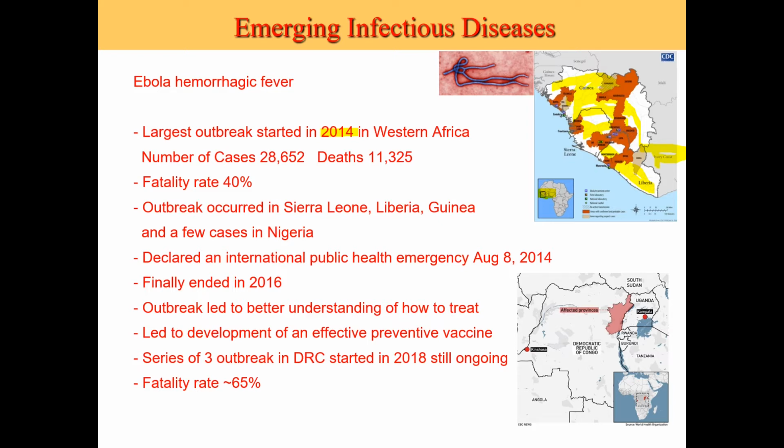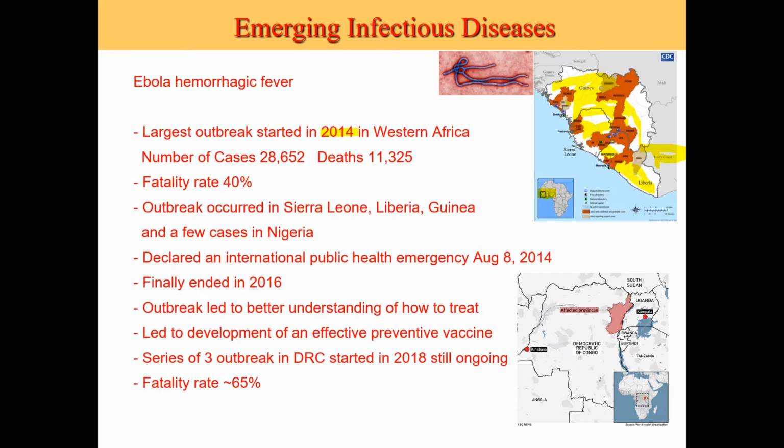So there was this large outbreak, the largest outbreak that has ever occurred, and they had a total of 28,000 cases and roughly 11,000 deaths, a fatality rate of approximately 40%, which sounds strange, but is a raging success actually, because normally in the past the mortality rates were 90% and 95%.